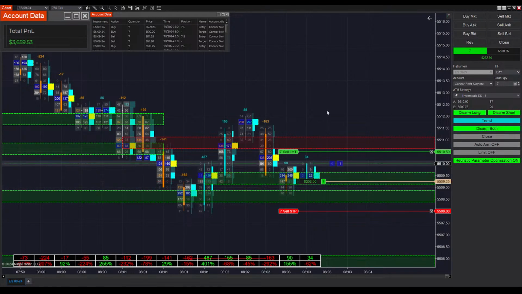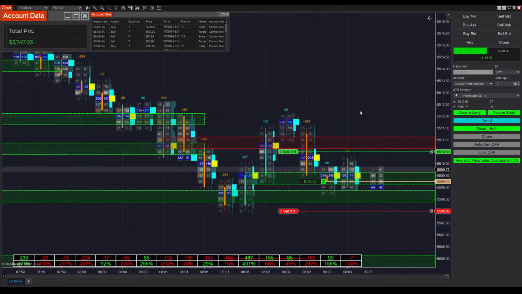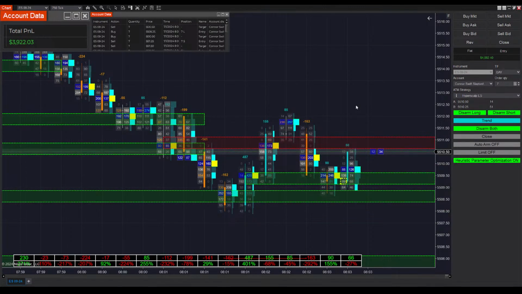Just got filled into a long position here at this point. And we end up winning that trade as well. Up to 4,000 on the day here. Kind of an insane win streak at this point.